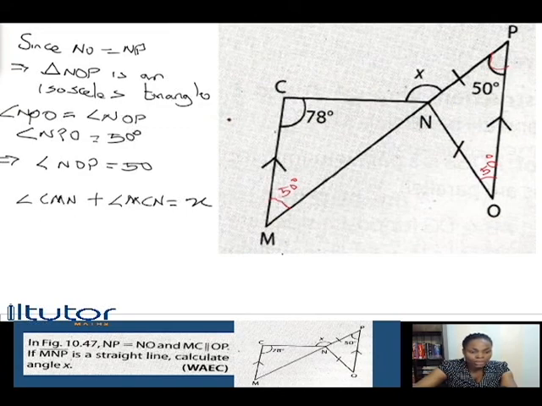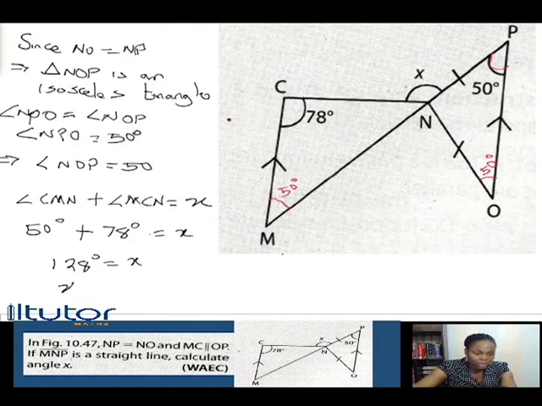CMN is 50 degrees plus MCN, which is 78 degrees, is equal to our X. So 50 plus 78 is 128 degrees, which is equal to X. Therefore our X is equal to 128 degrees.